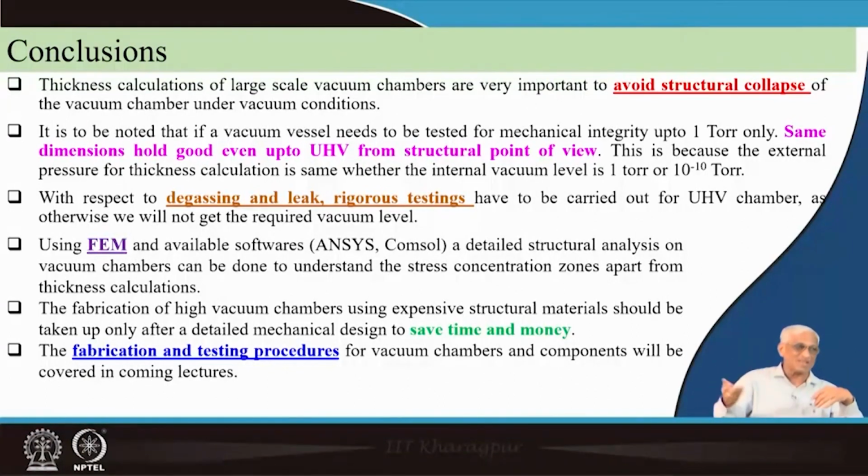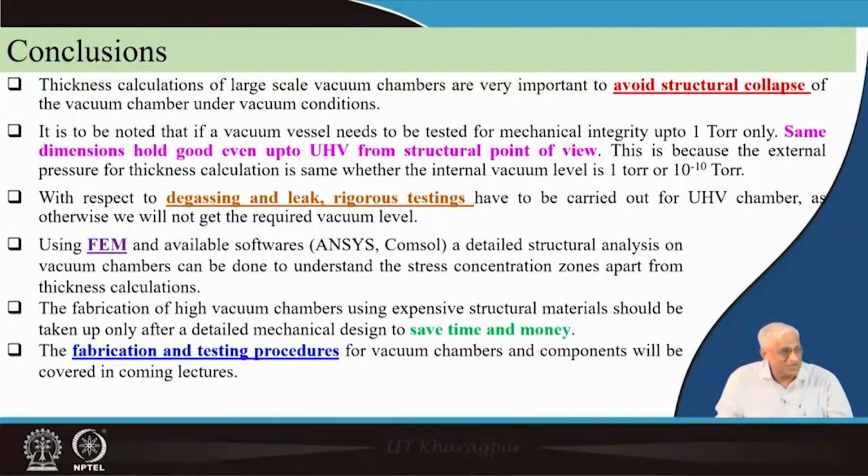So leak is another problem which is also related to the chamber. Outgassing is related to the chamber. So chamber design is not only mechanical design; outgassing design, welding efficiencies and window materials, flanges, couplings, many things are connected to the chamber. So it has to be dealt with as a whole, as a system, but the chamber is of course the main thing.